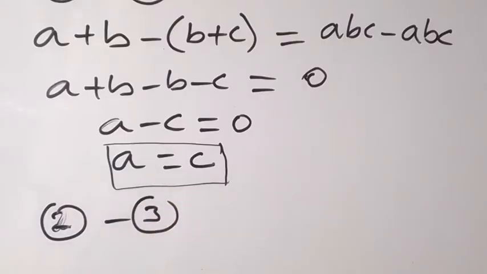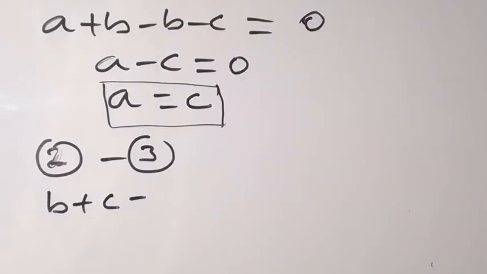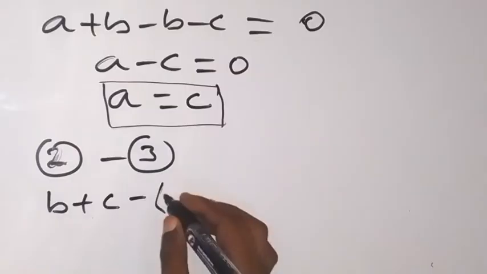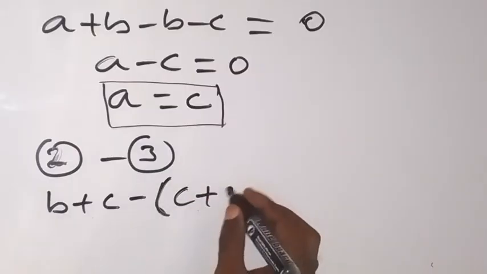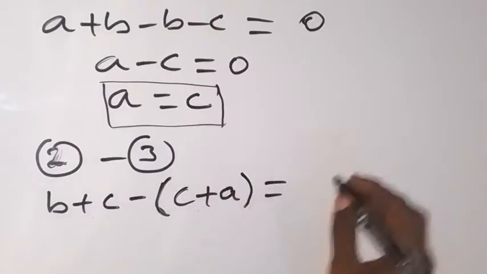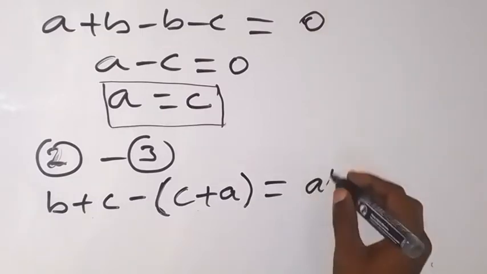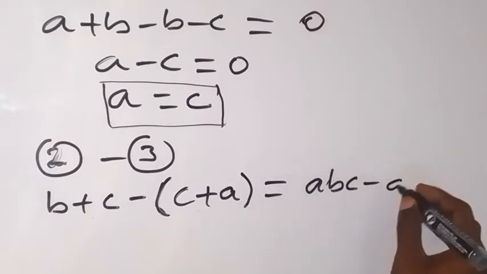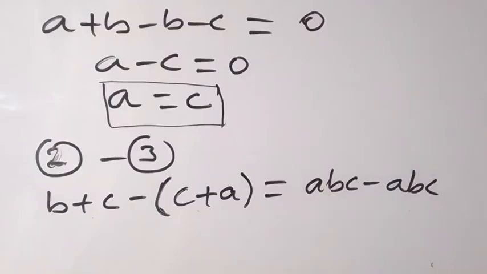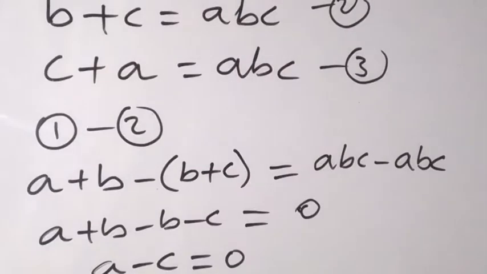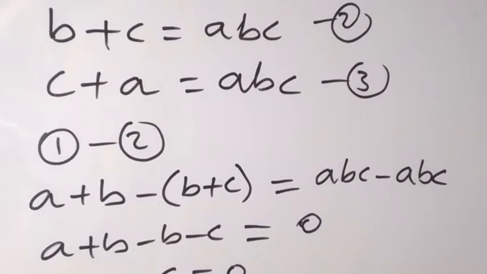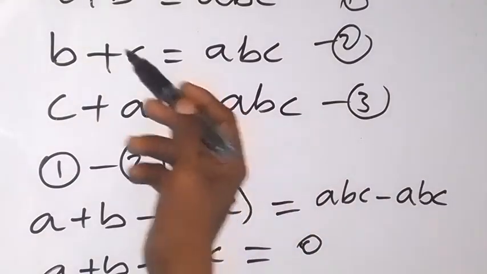The left hand side of equation 2 is B plus C. Then minus the left hand side in equation 3, we have minus (C plus A). Then the right hand side is ABC minus ABC.